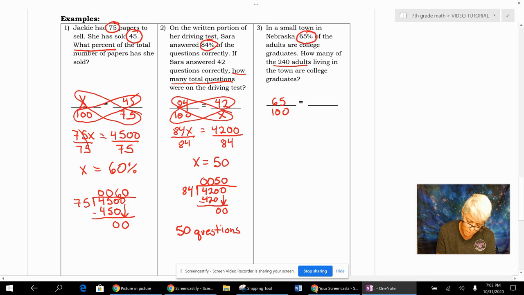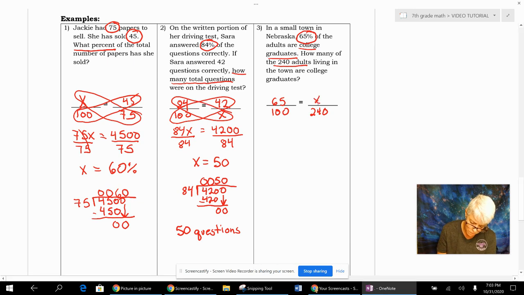It says 65% of the adults are college graduates, and then it says there's 240 adults living in this town. So is that the part or is that the whole? It is the whole, because it says how many of those 240 adults living in the town are college graduates. 65% of them. So we're looking for the part.